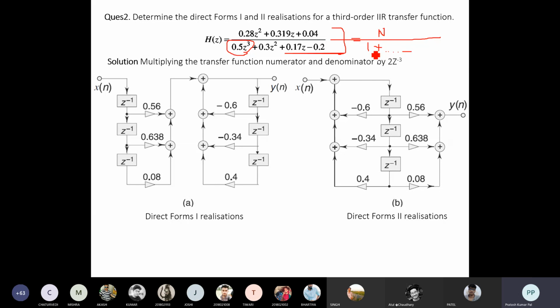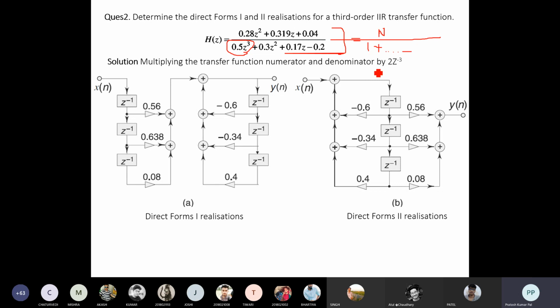Okay, so we can use 2 into z to the power minus 3. If we use 2 into z to the power minus 3, 2 will be multiplied, and z to the power minus 3 is there, that means z to the power minus 1 will be there.